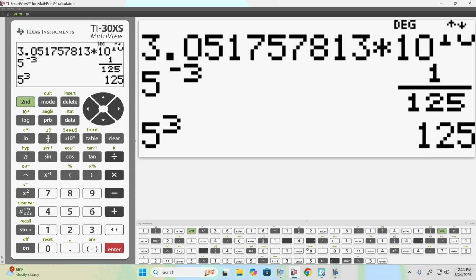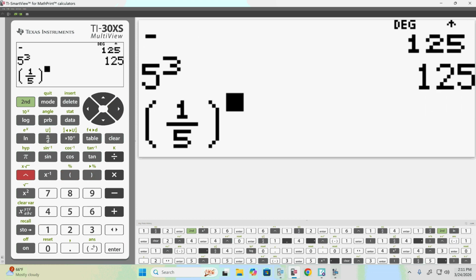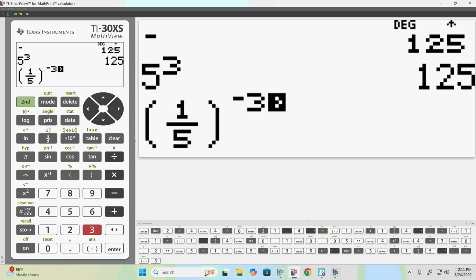So interestingly enough, if I tried it with, say, 1/5 to the -3, it would be 125, because that negative is taking that 1/5 and flipping it to 5. We put it to the third power, we do get 125.